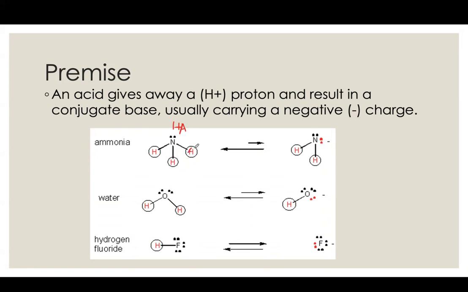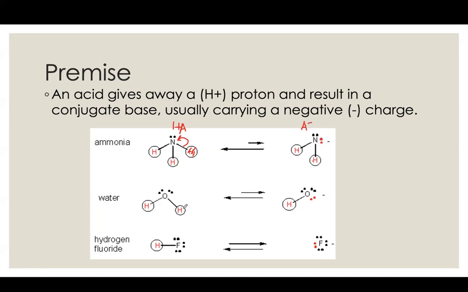So this hydrogen here is being given away, leaving this single bond, and a single bond implies two electrons. So those two electrons are going to go to this nitrogen. So the conjugate base, or A minus, is going to only contain two hydrogens instead of three here, but a negative charge on that nitrogen because these two electrons go onto the nitrogen.